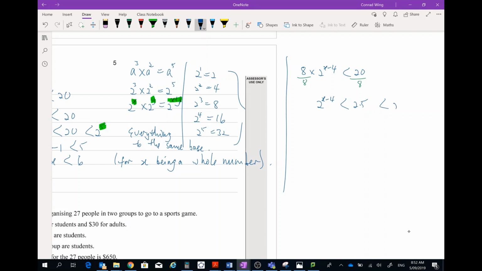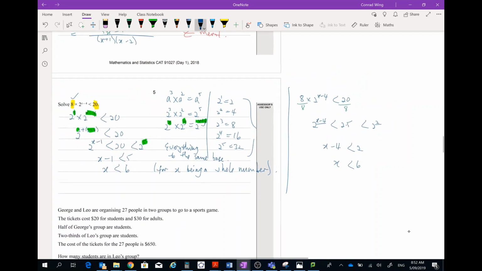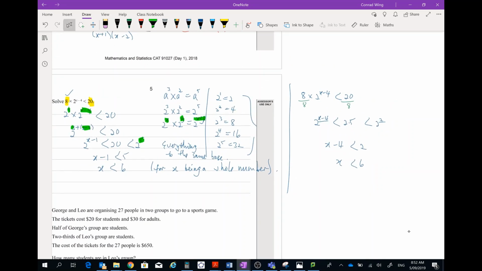Yes? And 4 is 2 squared. So comparing the powers, x minus 4 is less than 2, so x is less than 6. That's valid for x being a whole number. So you get the same answer. I would generally look to see if you can write the 8 or the 20 as 2 to a certain power, because sometimes you can, and then you don't have to do any dividing.